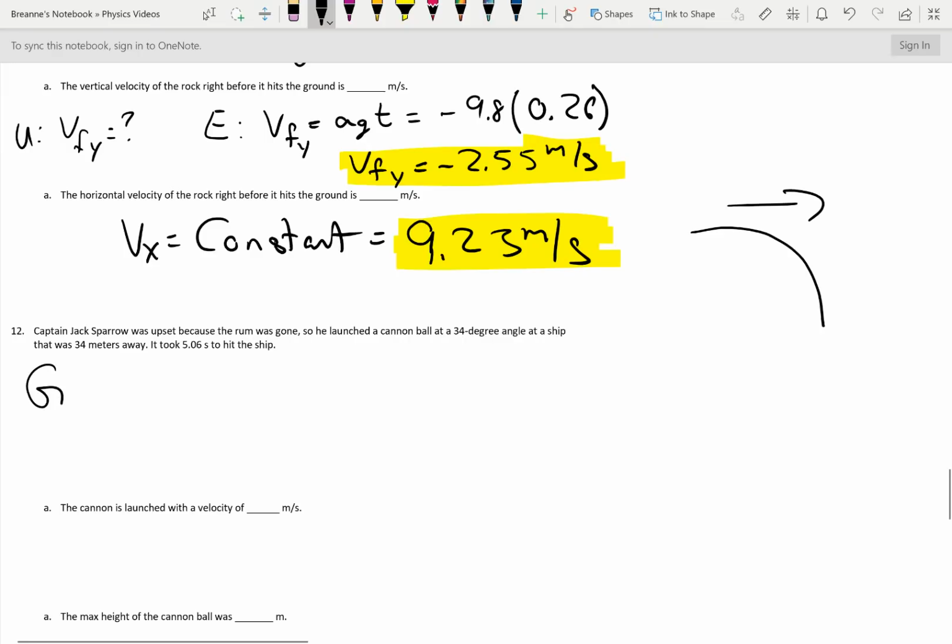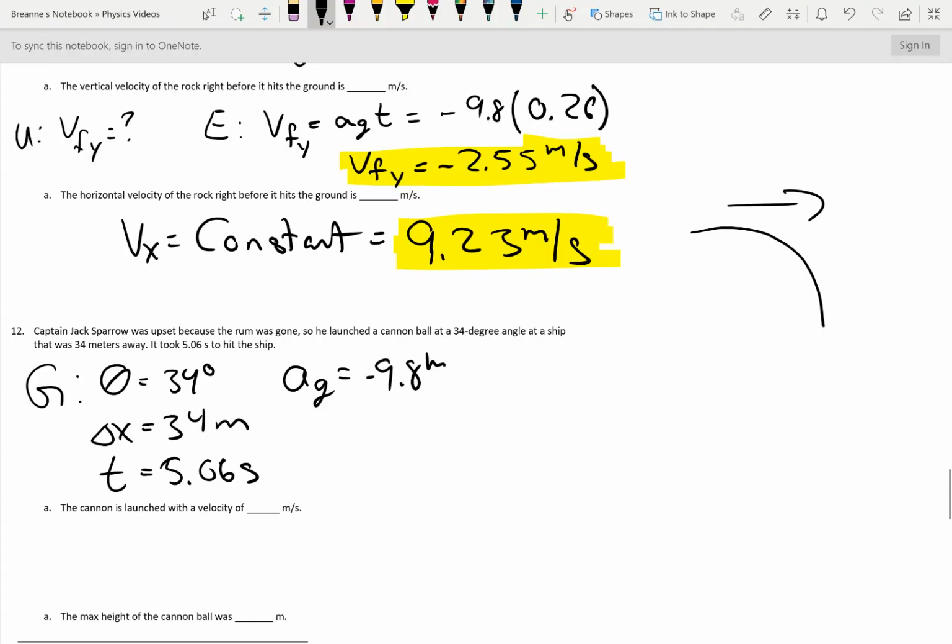So those are our givens. He gave us the angle, 34 degrees, our delta x, which is also 34 meters, and our time, 5.06 seconds. We always have acceleration due to gravity.